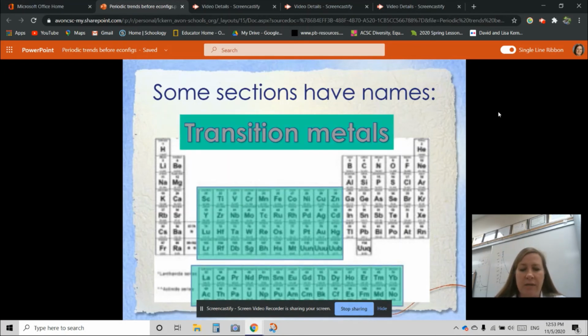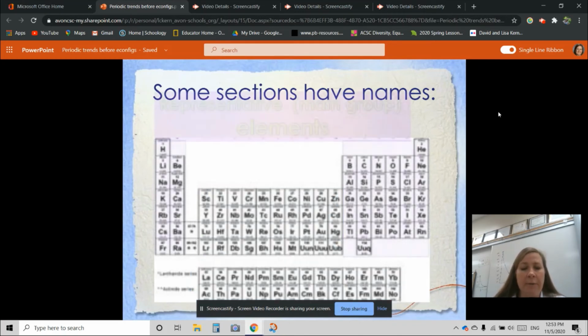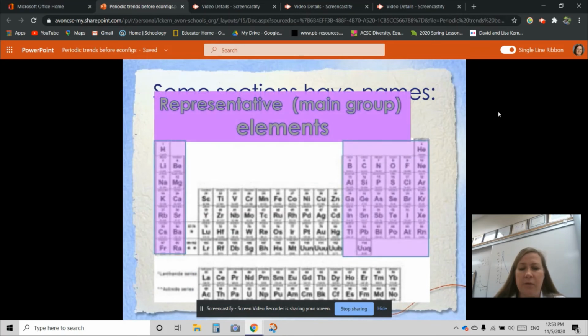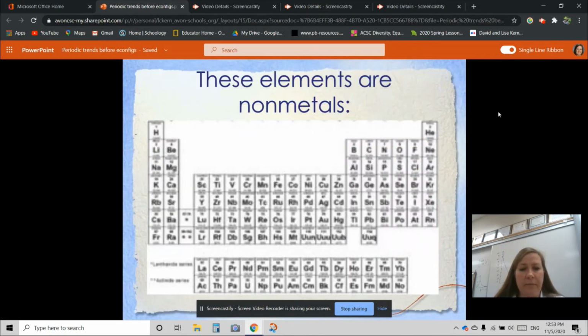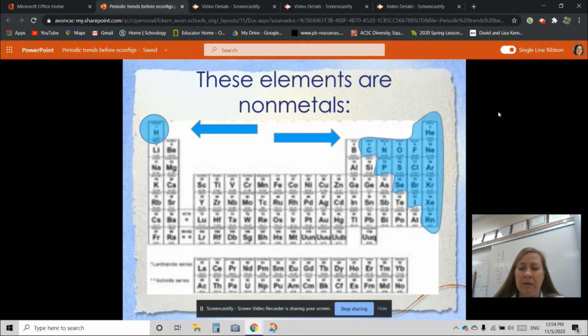These 2 sections of the periodic table are known as the transition metals or transition elements. They're all metals. These 2 groups are called the main group elements or the representative elements. Either one of those names will work. All of these elements over here, hydrogen, and all of these over here, are nonmetals.